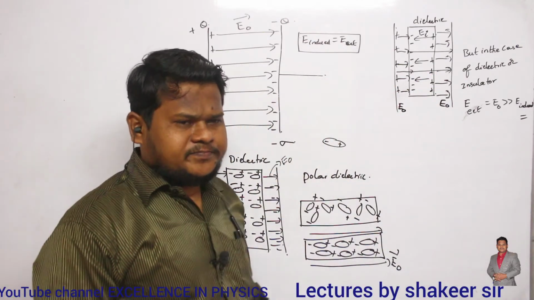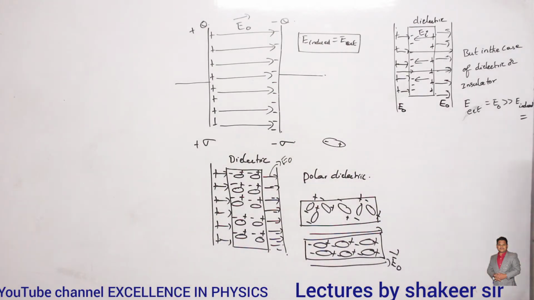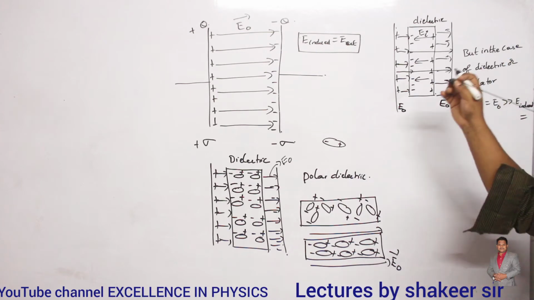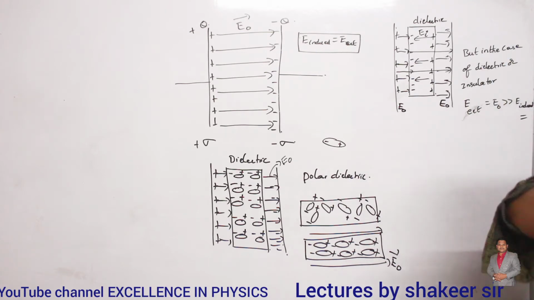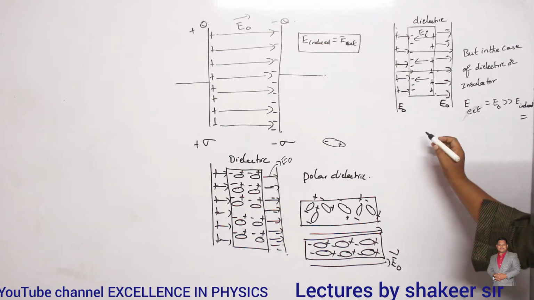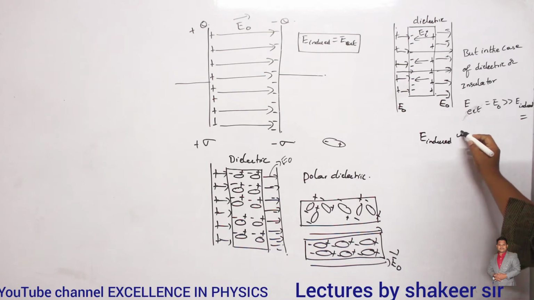What can be the reason here? Why is the strength of the induced electric field very, very small? Why is the magnitude of the induced electric field very small?